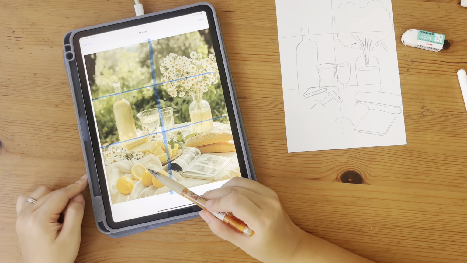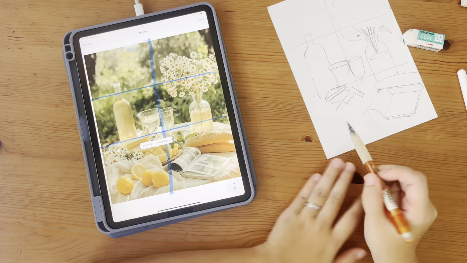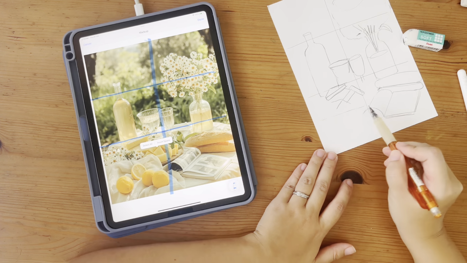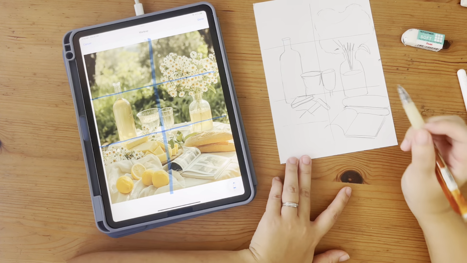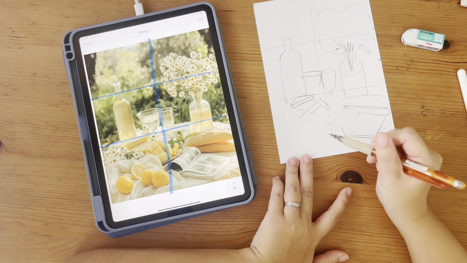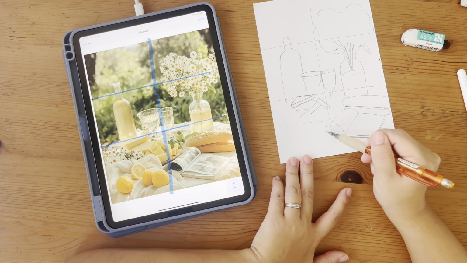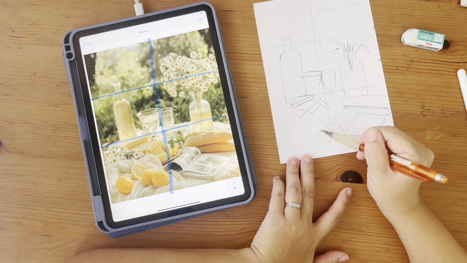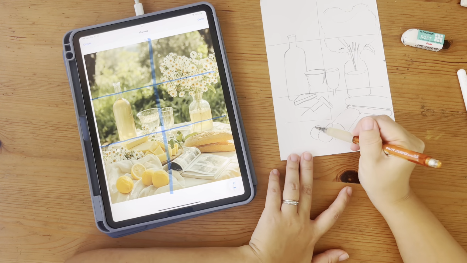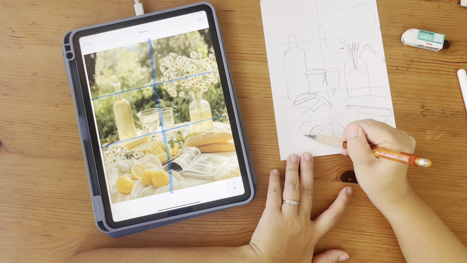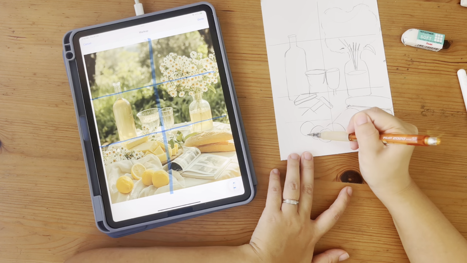The lemons, they are in the second half of this grid. So if I split it, it's below this half. Okay, 4 lemons. The first one starts at the bottom. Second one hiding behind. Third one, a little circular. It's open around the cross section.